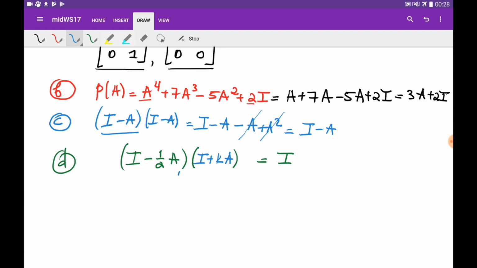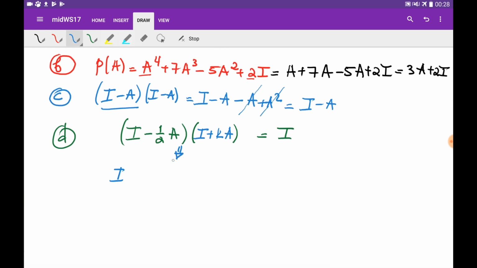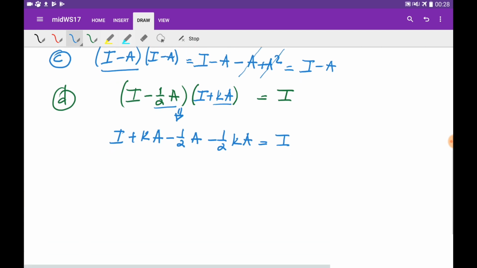If I open up the brackets here, what I'm going to obtain is I plus kA minus 1 over 2 A. And if I multiply this out, we obtain minus 1 over 2 k multiplied by A squared, which is simply A again. And this should be equal to the identity, right? So basically all of these terms should be equal to 0.